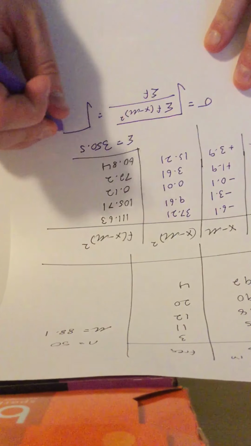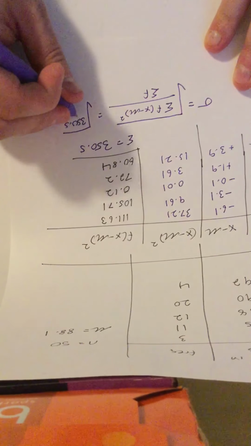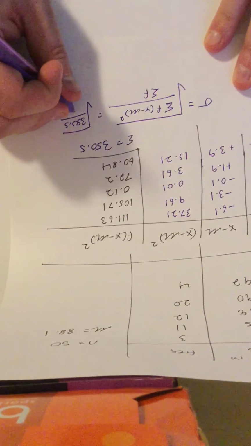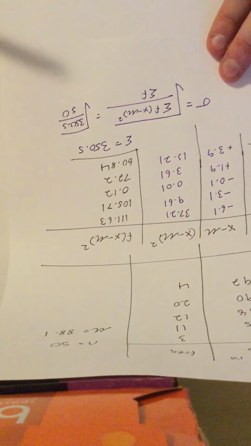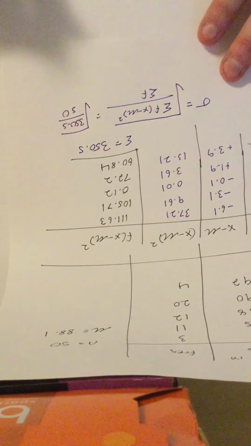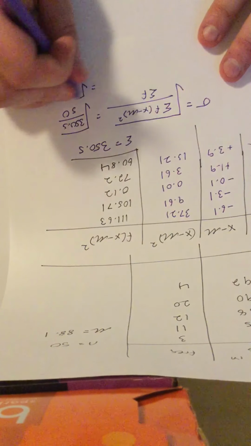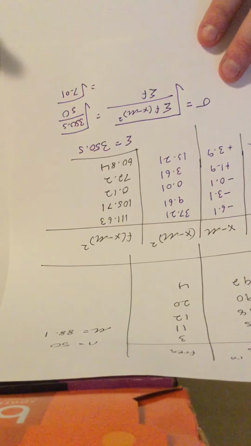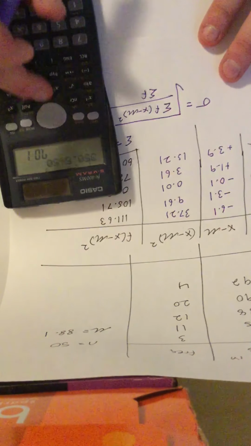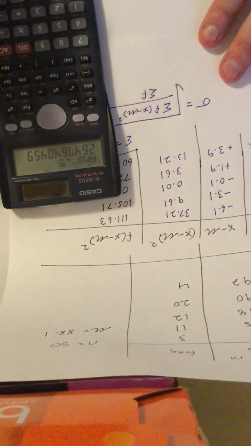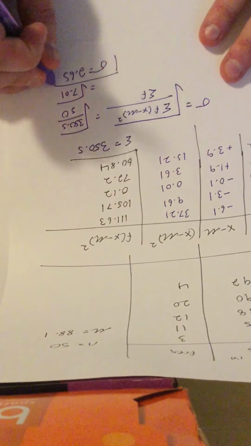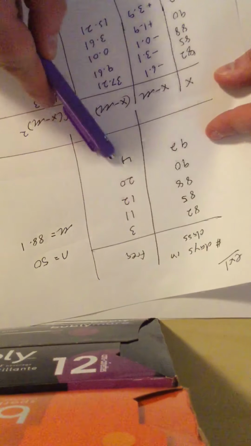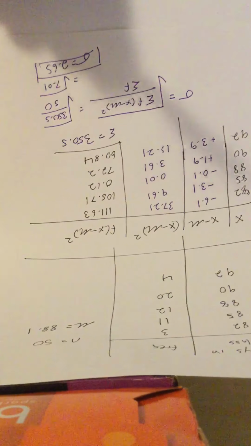Or in other words, it's going to be the square root of 350.5 divided by 50, which is going to be the square root of 7.01, which is 2.65. And there we go. So the standard deviation of this frequency table is 2.65.